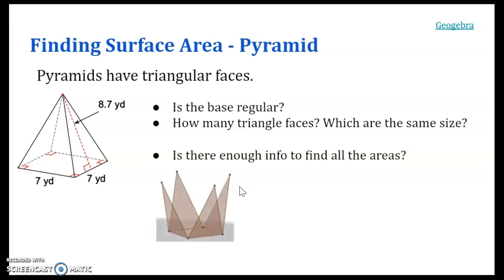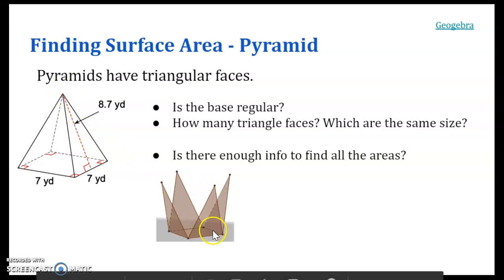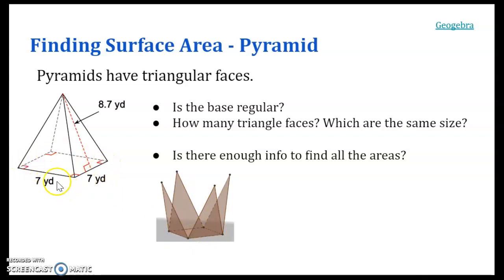So to answer this, you can look at the net, and you can see this net is sort of halfway open. It's almost as if we just started peeling from the top and opened it halfway so that you can see the base and each of the triangles separately.